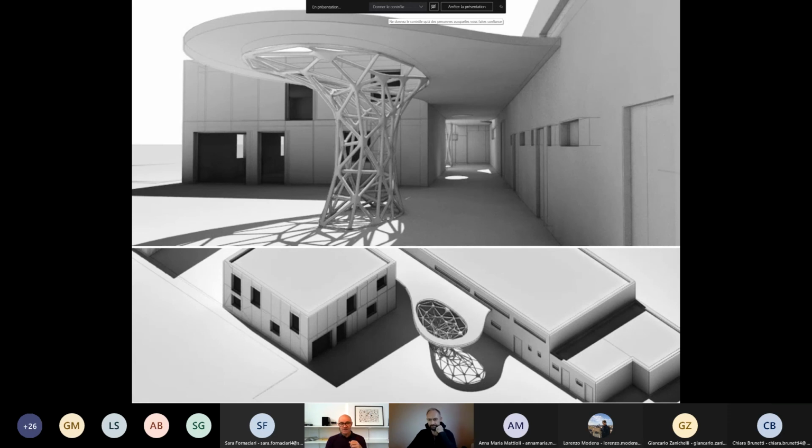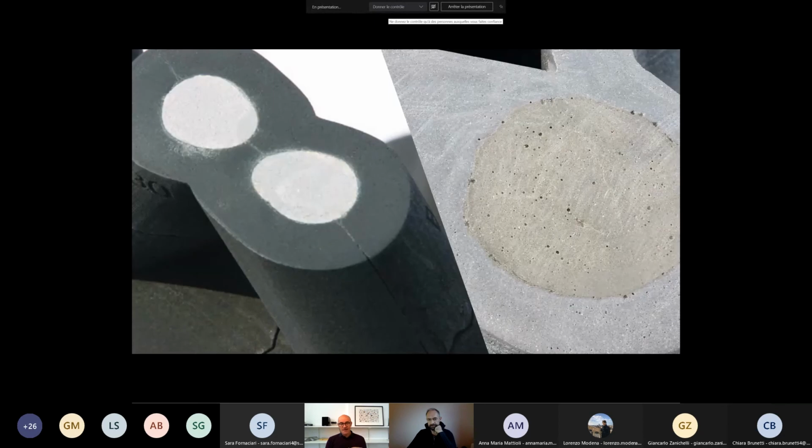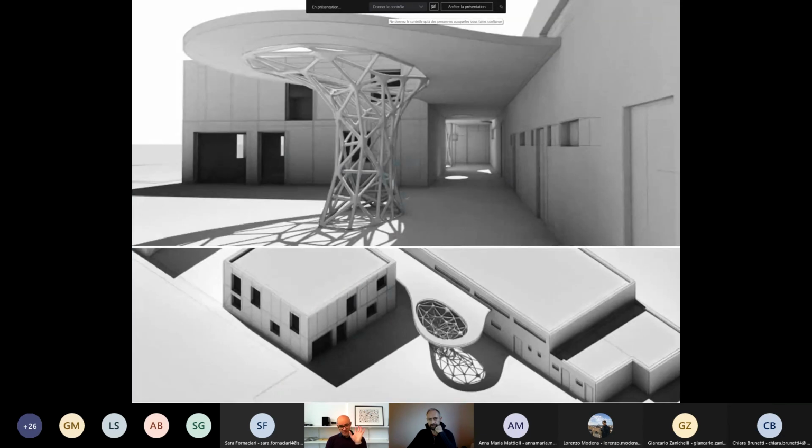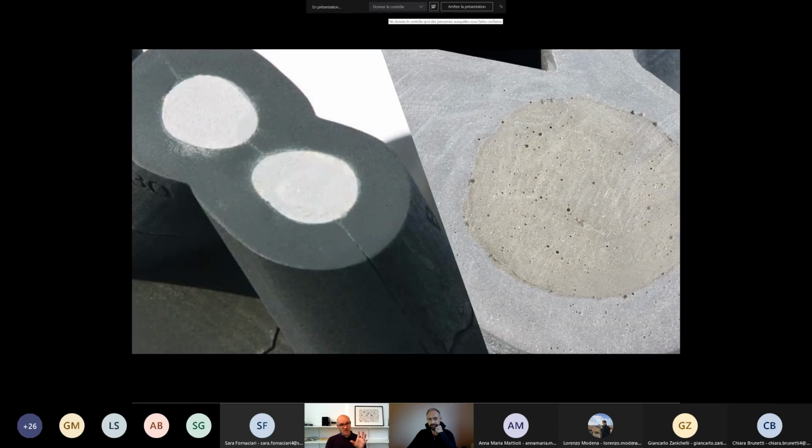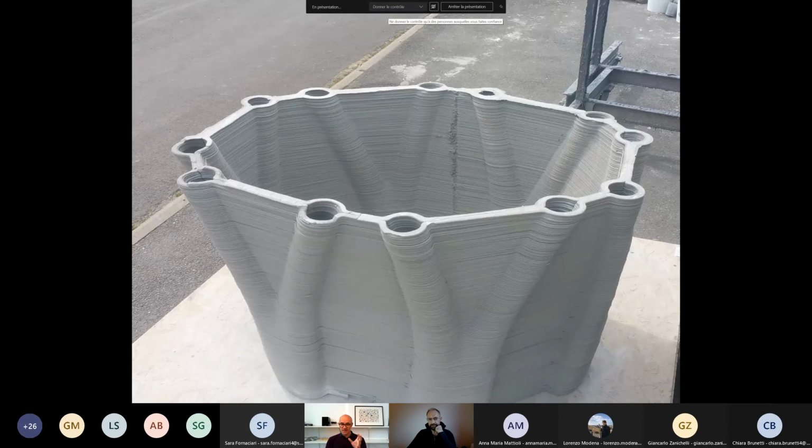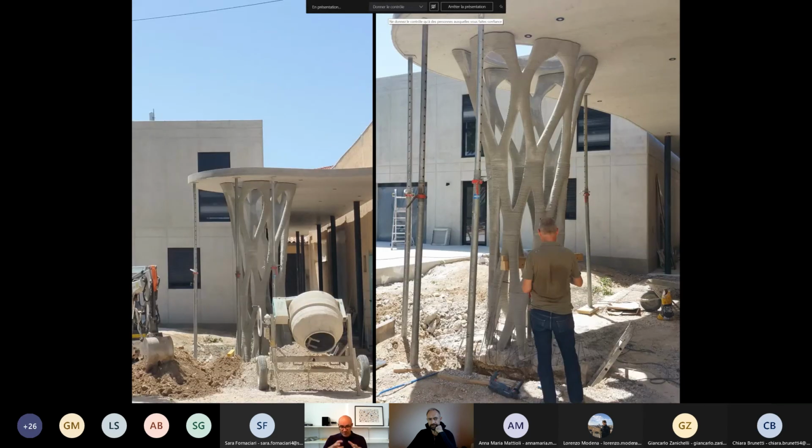So finally, we said, okay, let's do it in concrete. Let's also make it a bit more simple, because this was perfectly doable with sand, but it was not so easy to do with concrete. But still, we printed this in concrete. We simplified the whole structure.